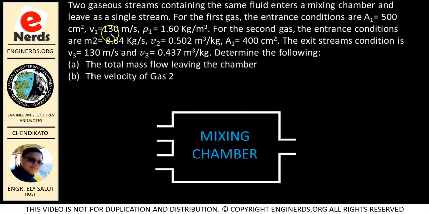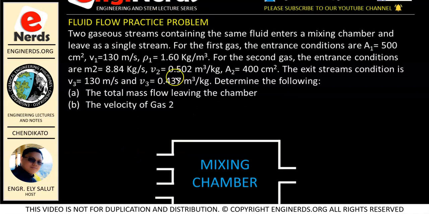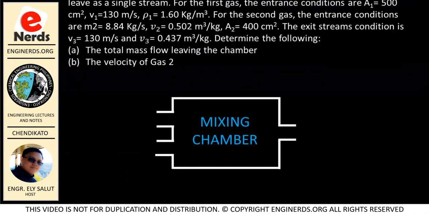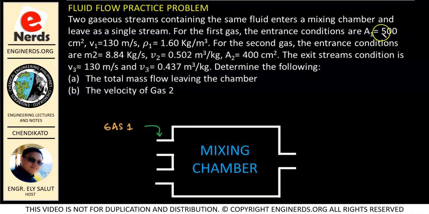Let us write yung mga given values natin. Ano? So, unahin natin itong ating first gas. No? Itong ating stream 1, we will have our gas 1. So, yan yung pumapasok dito sa ating first stream. Okay? So, isulat muna natin lahat ng ating mga conditions. Okay? So, dito sa ating first stream, our area is 500 square centimeters.